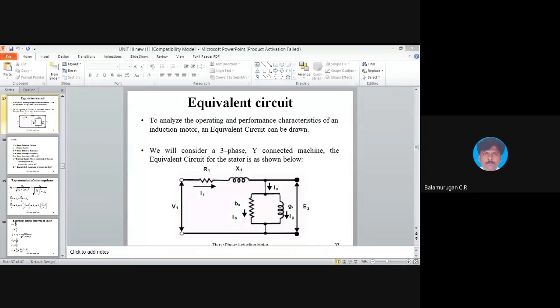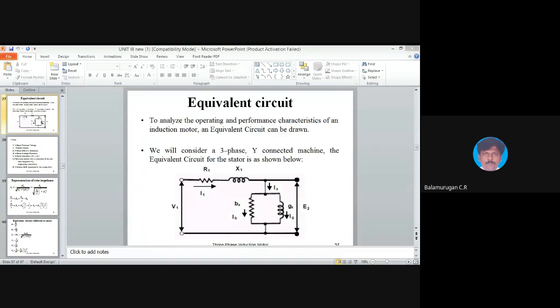So first one, the total electrical load. So this is the load. You can write this equation: RL dash is equal to R2 by K squared into 1 by S minus 1.